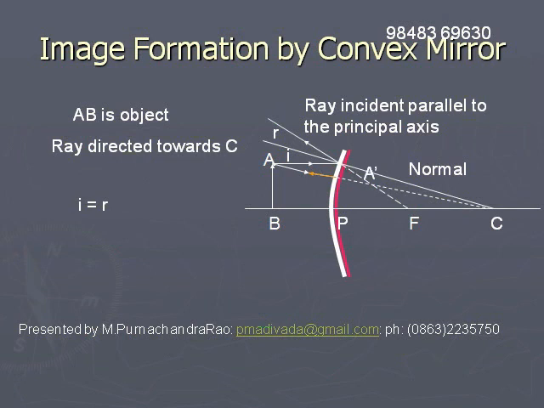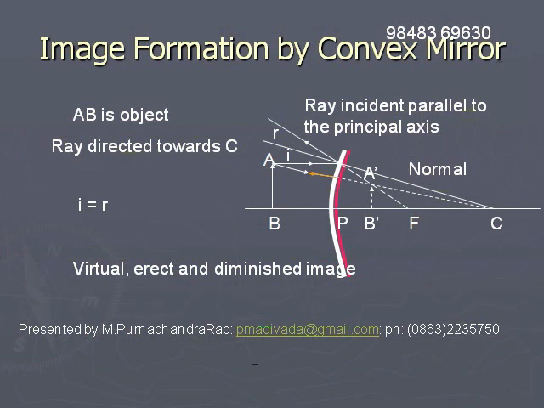The two reflected rays, when produced in the backward direction, meet at A prime. So A prime is the image of the point A in the convex mirror.